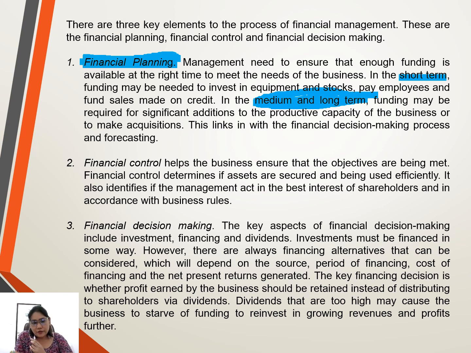The next one is the financial control. Financial control helps the business ensure that the objectives are being met. Okay, so financial control determines if assets are secured and are being used efficiently. When we say efficiently, okay, pag sinabi nating efficiently using the resources or assets, it means ginagamit mo ng tama.